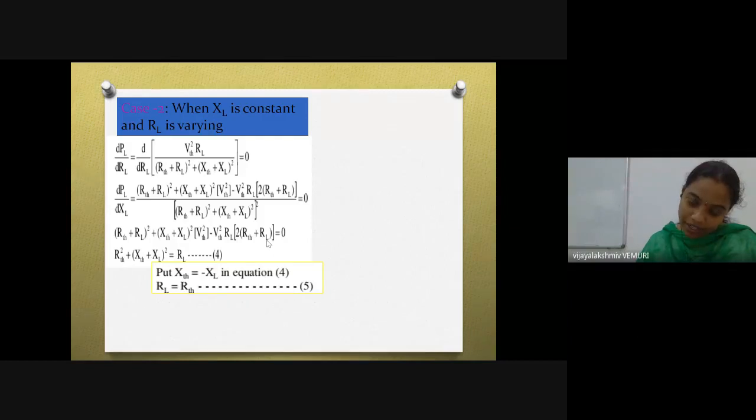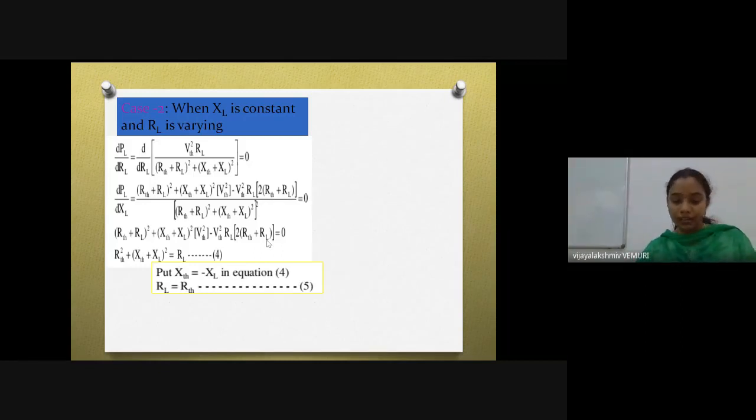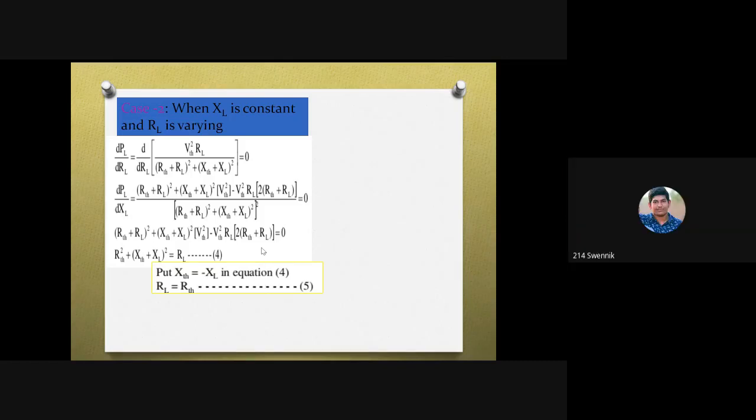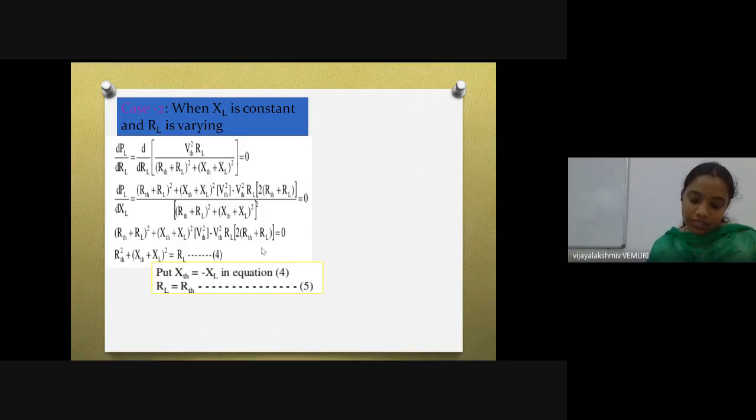Hold on once. But the correction here is RTH square plus XTH plus XL whole square should be equal to RL square, not RL. Is it? Yes or no? The fourth equation should be equal to RL square. Now you just substitute XTH is equal to minus XL, or XL is equal to minus XTH.